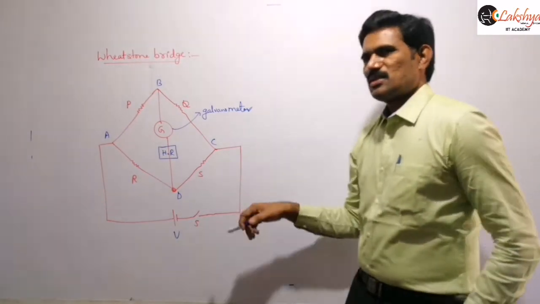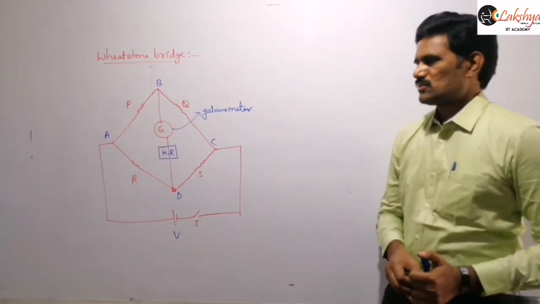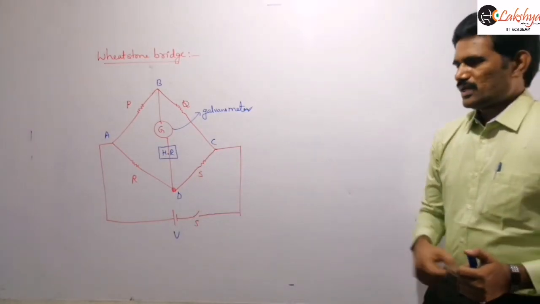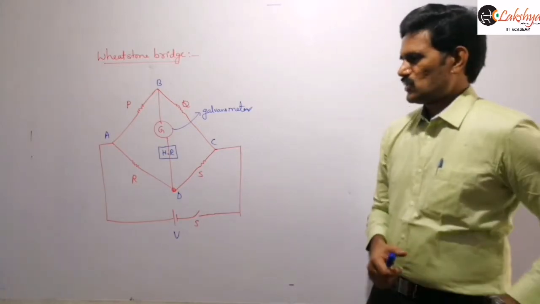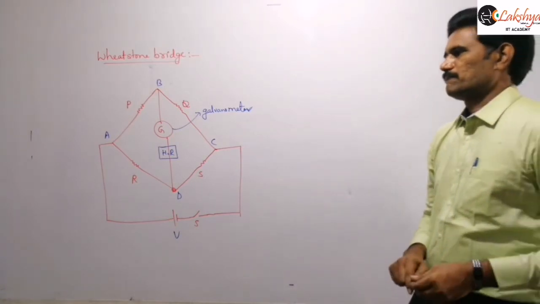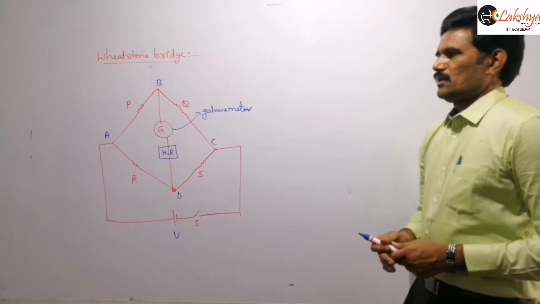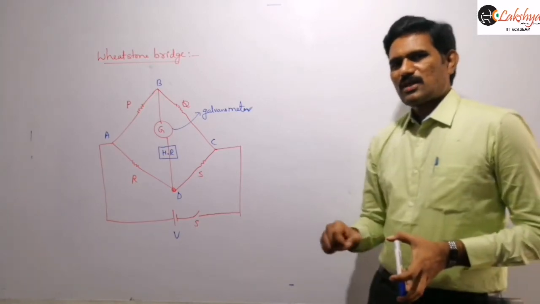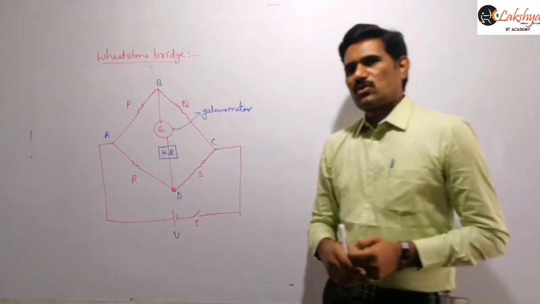And between two other junctions, that means diagonally opposite junctions, we connect a cell of EMF, say V. A cell of EMF V. Here G also represents capital G, also the internal resistance of the galvanometer.